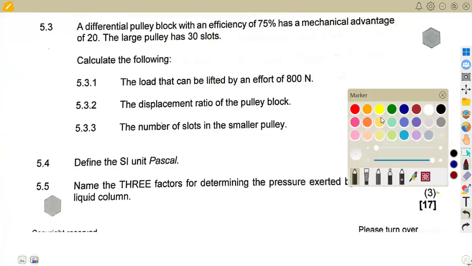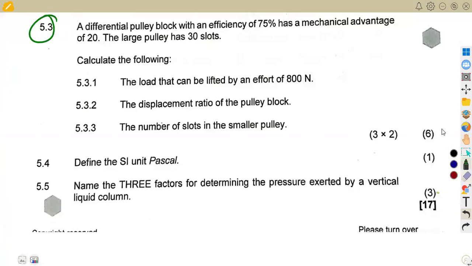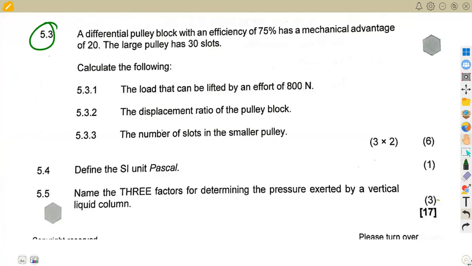All right. Then here on 5.3, we've got a differential pulley block with an efficiency of 75%. Remember that a pulley block is simply a Weston pulley block like this.